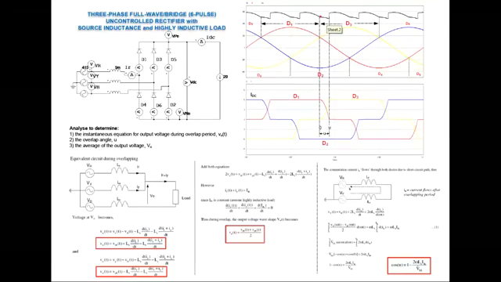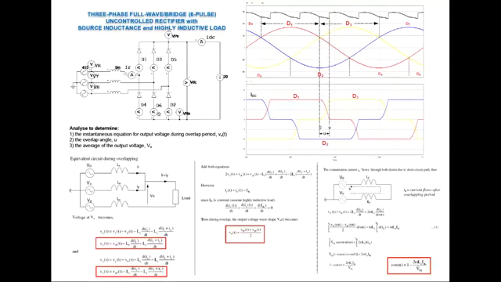There is a missing area here, from the usual 6-pass output voltage waveform. So we need to address what happens during that overlapping period.